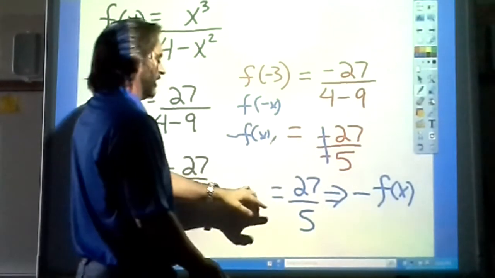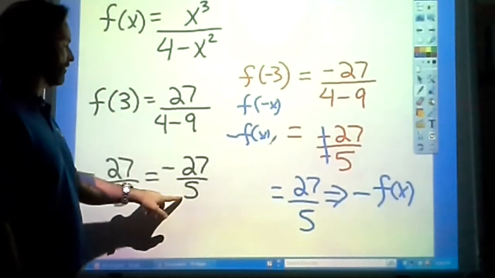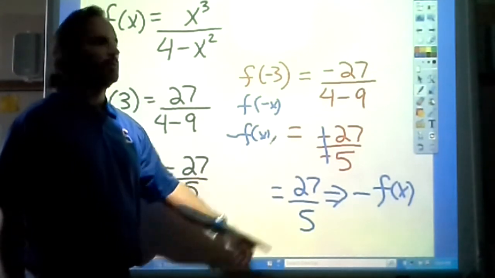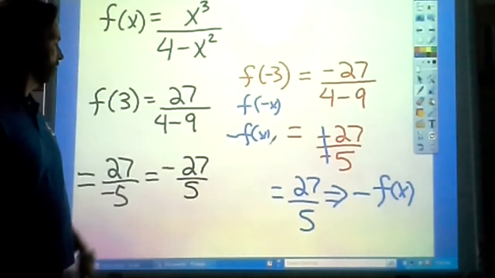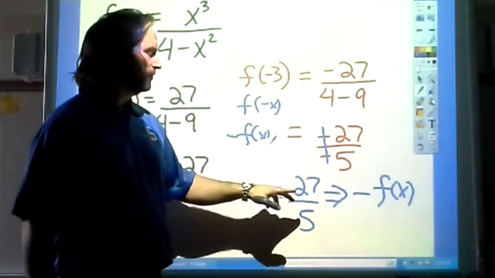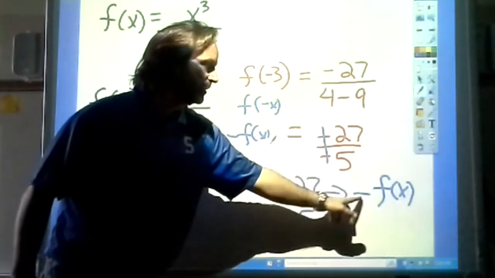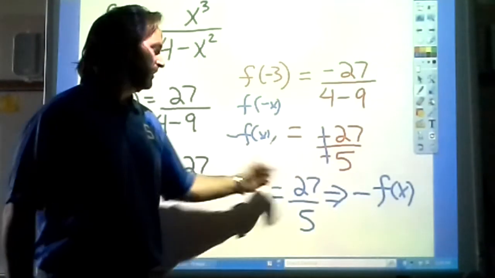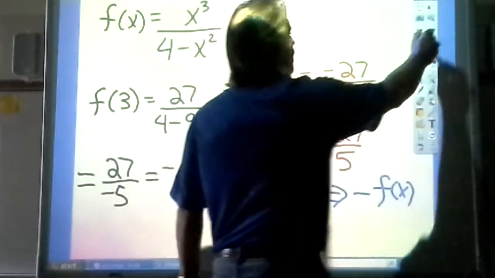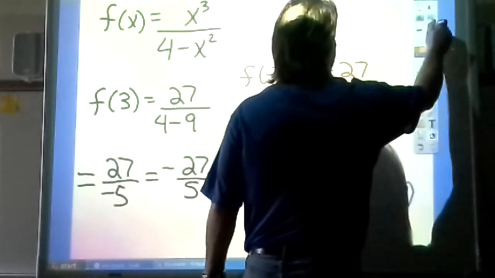What's the opposite of negative 27 over 5? Positive 27 over 5. So f of negative x is negative f of x, the opposite of that value, which is a positive.